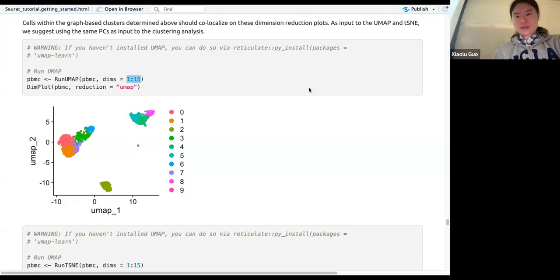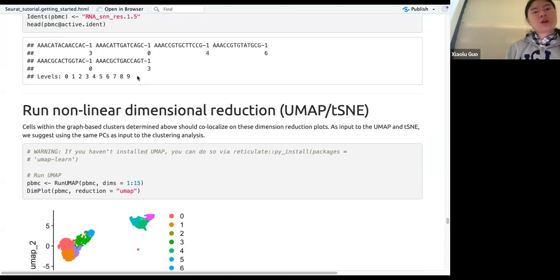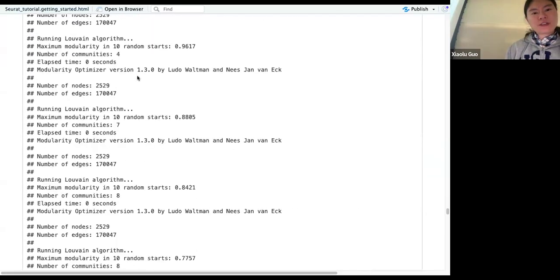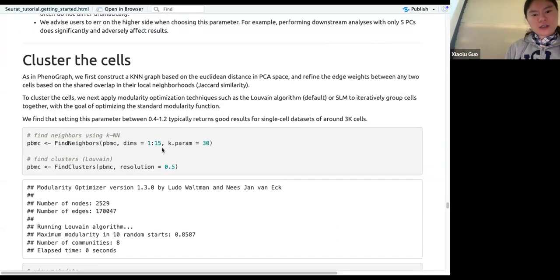Any thoughts? PCA, right? Yes. Because when we do PCA, this is the first 15 PCs. When we do clustering, if you remember, we focused on the first 15 dimensions.